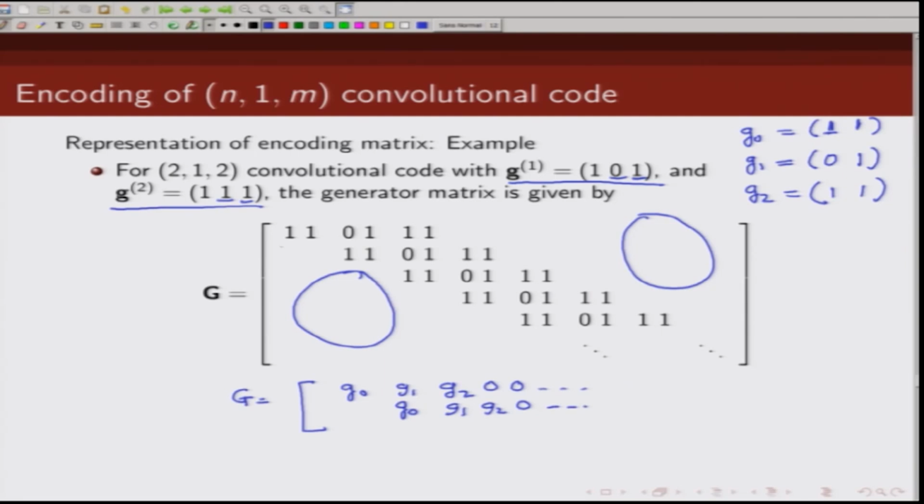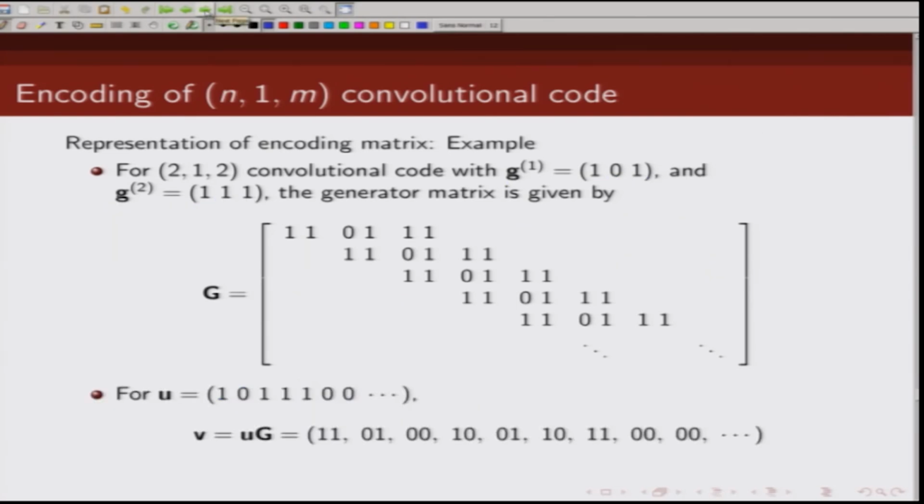G0 is 1 1, so that is what I have written here. G1 is 0 1, that is what I have written here, and G2 is 1 1. Rest all these entries are 0. Similarly, this is 0 0, and then I have G0, G1, G2, and then these are all zeros. Okay. So this is how I can write a generator matrix.